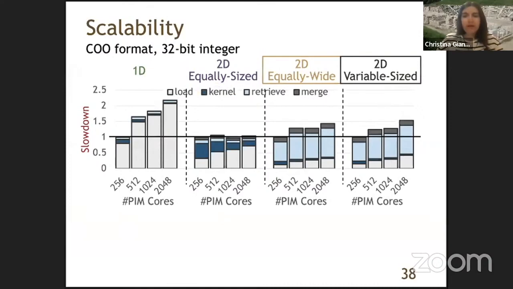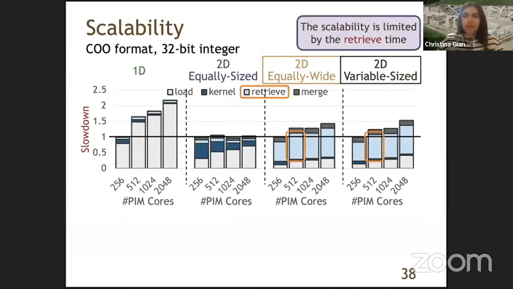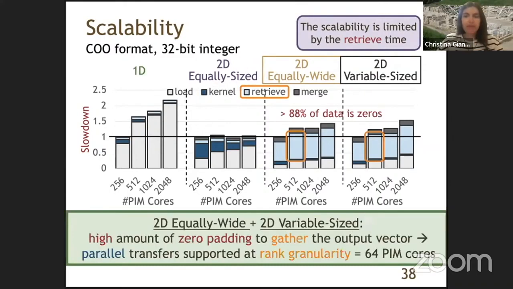And finally, we find that the scalability of the 2D equally wide and variable-sized kernels is limited by the retrieve time to transfer the results for the output vector from PIM-enabled memory modules to the host CPU. These schemes are severely bottlenecked by the high amount of padding with empty bytes performed in the parallel data transfers to retrieve results for the output vector.